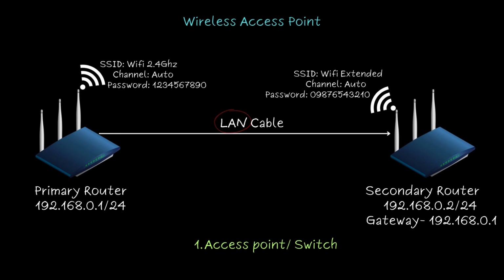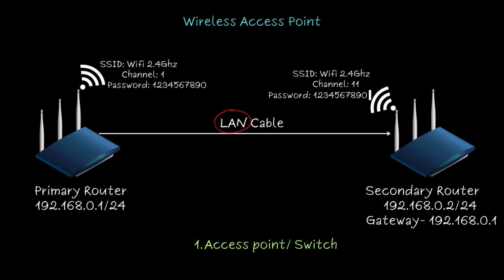We can also create a different network, but as we are extending the network, I will not be going through that section. From the IP-based view, the IP will be in the same subnet, but there will be two different Wi-Fi networks, so we may use two different SSIDs and passwords for that Wi-Fi.